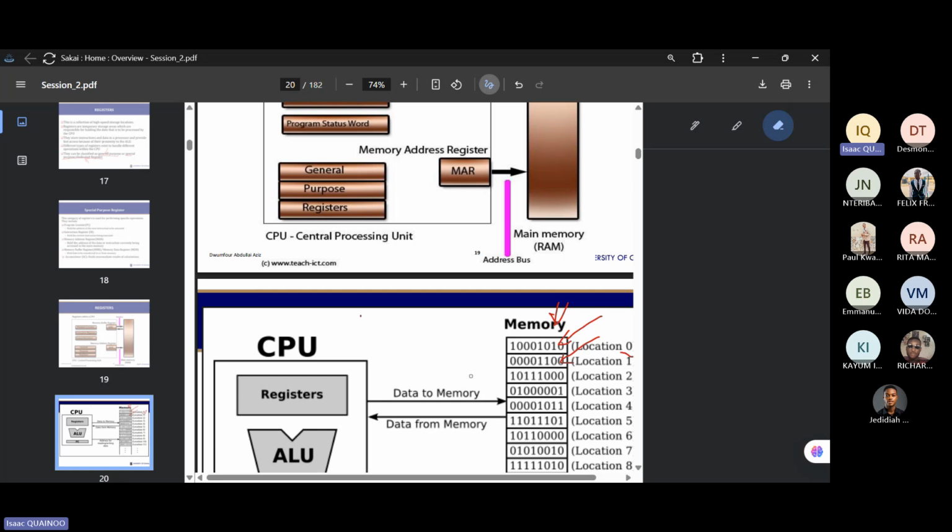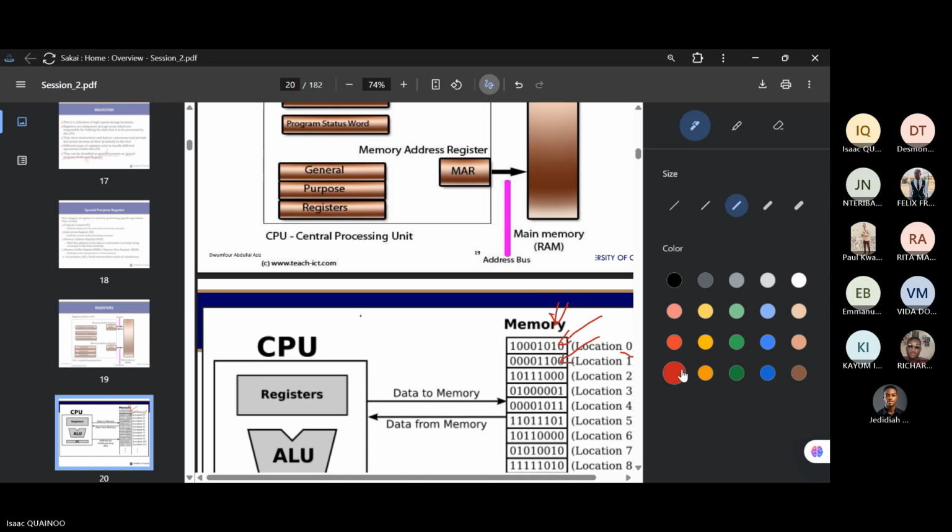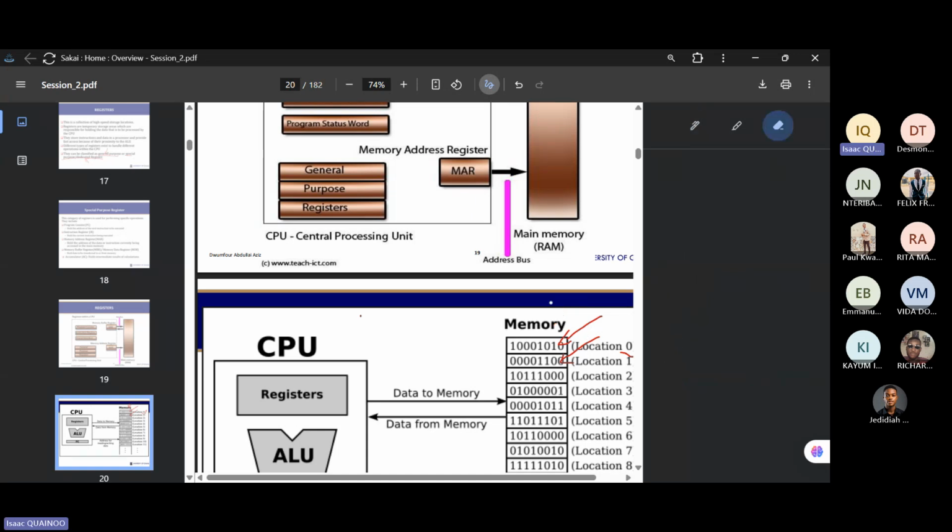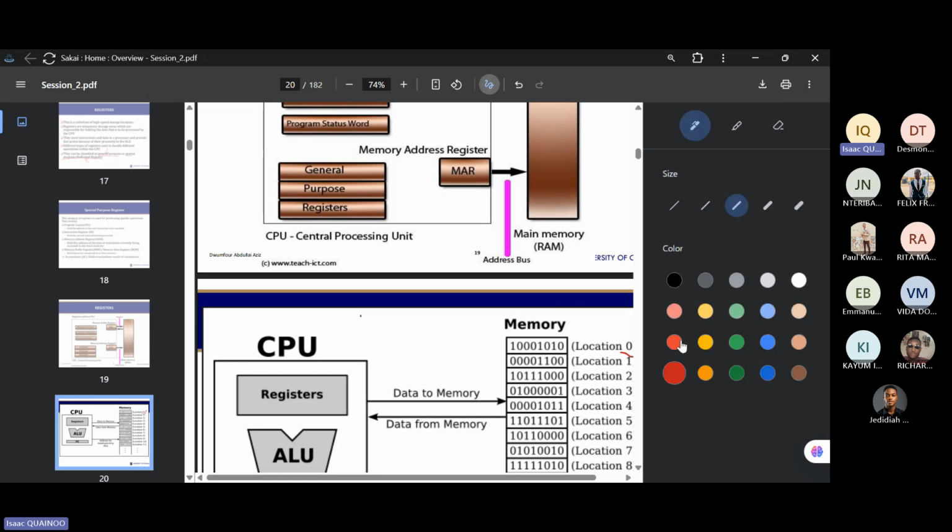Okay, so let's say the computer is currently executing the instruction at location 0. Please can we all see location 0 here? Let me erase everything so that we can illustrate this. So let's say location 0 is the current location of the program that is being executed.